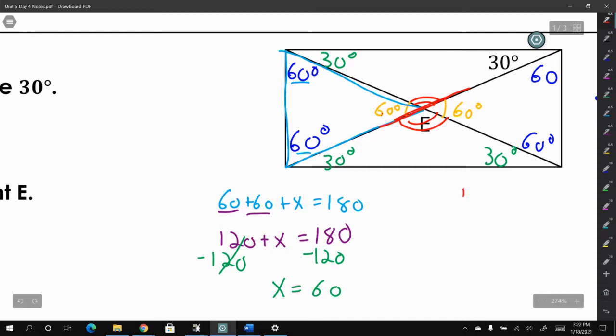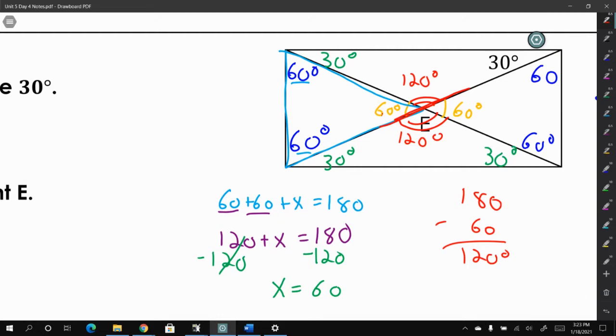I'm going to do the 180 minus 60, and that gives us 120. So you can see that once you really know one angle in this situation, all the others kind of just fall into place. And it's just simple subtraction to get everything else. All right, so let's look at the next page.